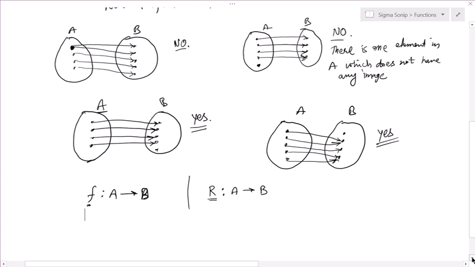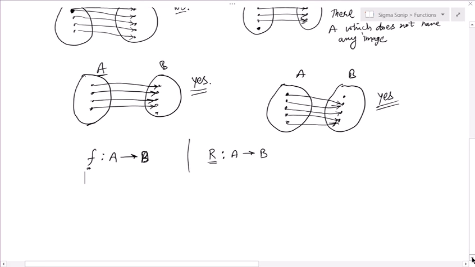We have domain. The domain of a function is the set of all first elements of the function, and in this case it is the whole A set because every element of A is used.